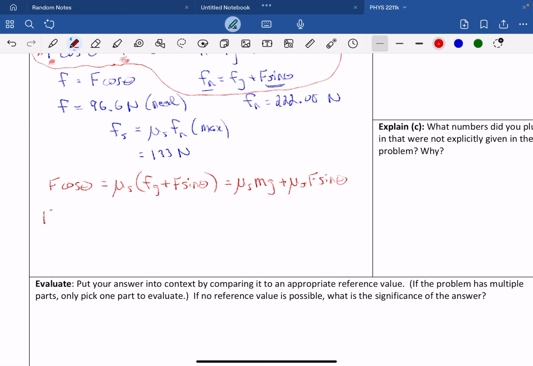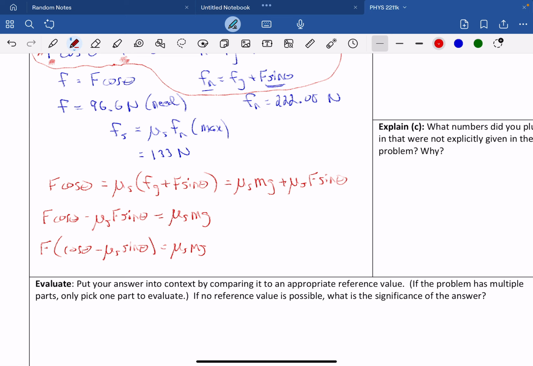So I have F cosine theta minus mu s F sine theta equals mu s mg. And now I'm going to pull out the F. So F times cos theta minus mu s sine theta equals mu s mg.